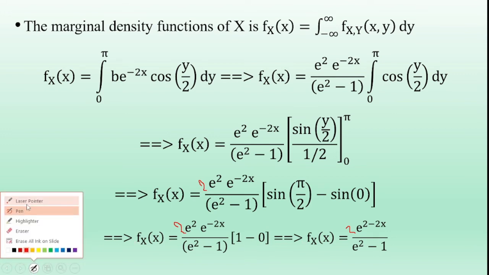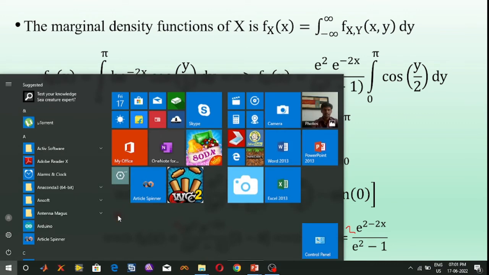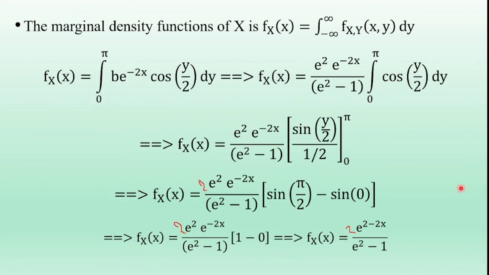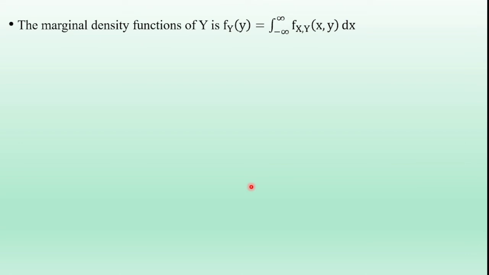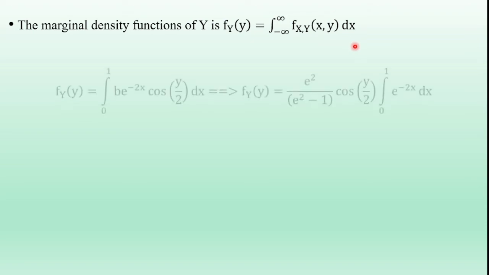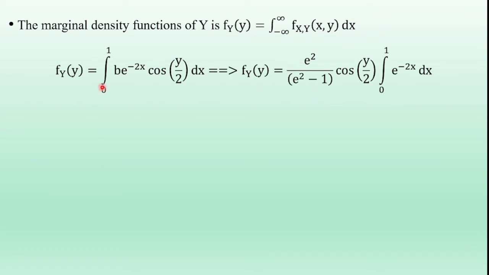So next, calculate the marginal density function of random variable y. The expression for the marginal density function of random variable y is the integral from minus infinity to infinity of fxy of x comma y dx. Now applying the given data, the joint density function is b e power minus 2x cos y by 2 dx, and given that the range of x is 0 to 1.